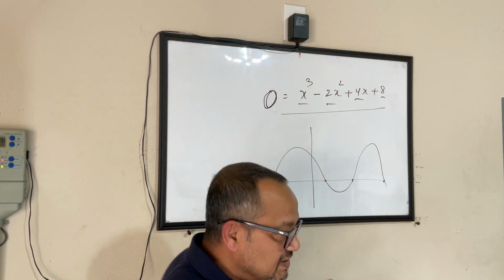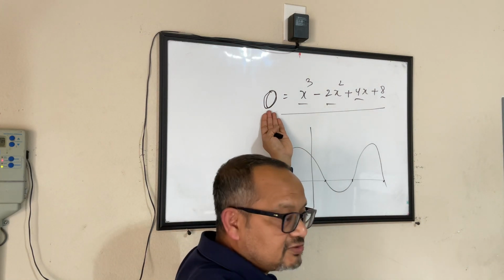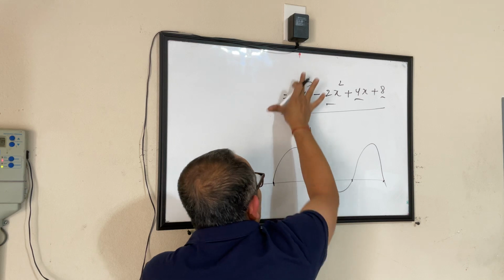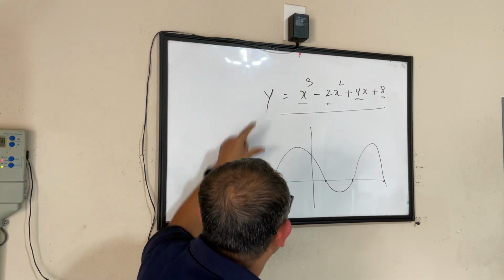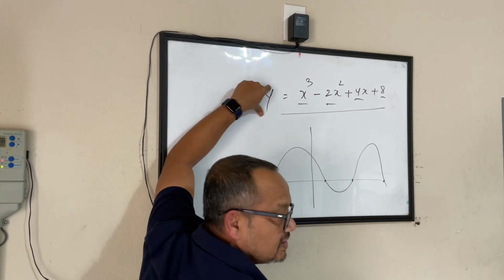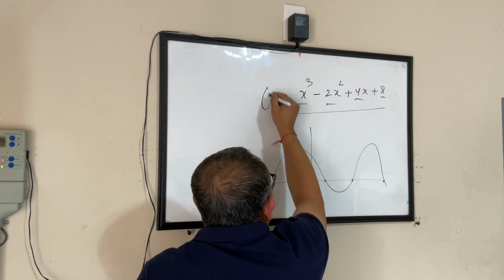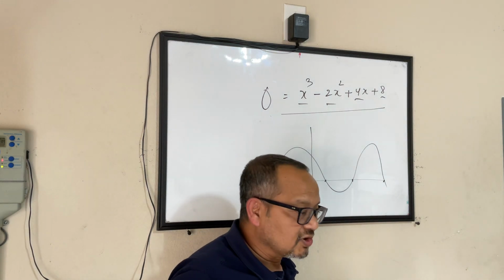So when you say zero of a polynomial, you are essentially saying that my output becomes 0. For any polynomial, this is your output based on the values of x you are putting here. So when your output itself becomes 0, that is what is called zeros of a polynomial.